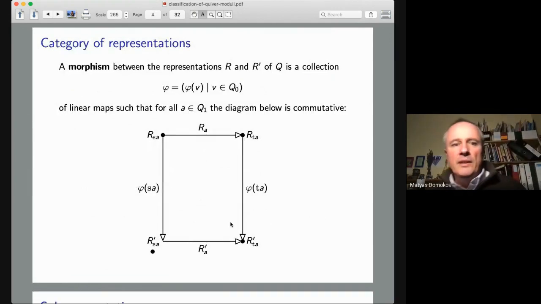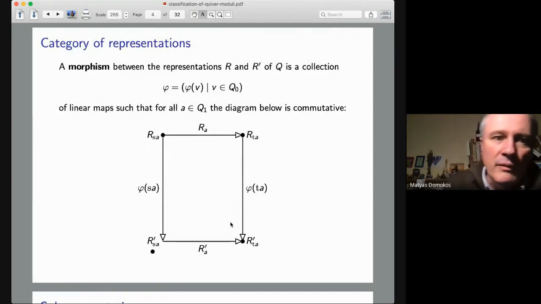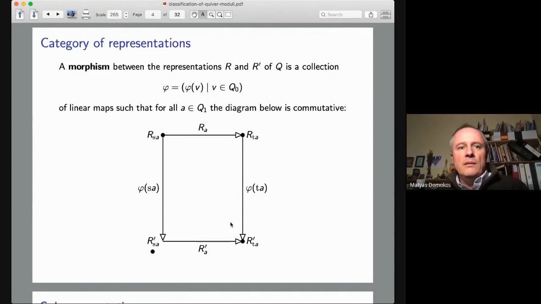The representations of a quiver form a category where a morphism between two representations R and R prime is a collection of linear maps, one for each vertex of the quiver.